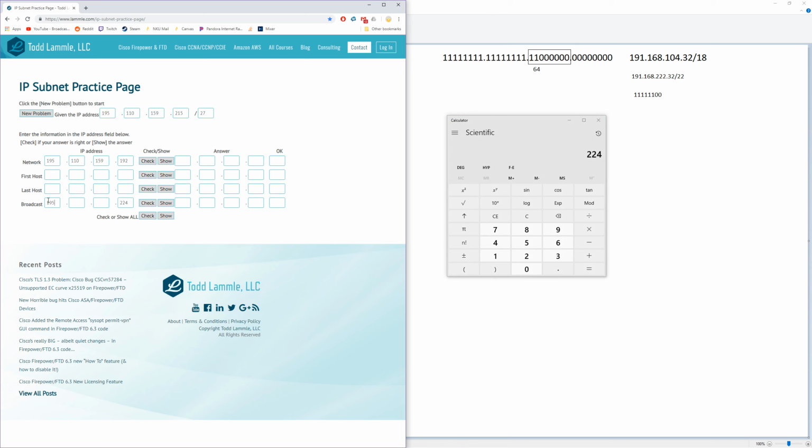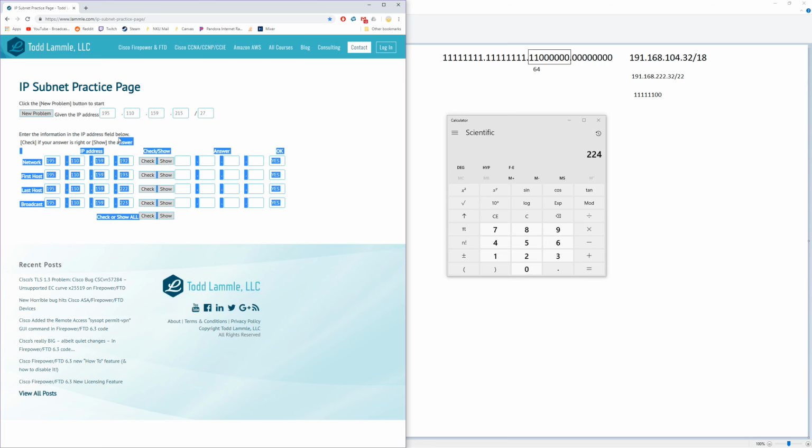And I can just fill in the rest. Oh, I do that almost every time. I always forget to subtract the 1. And that shows me that I've gotten it.